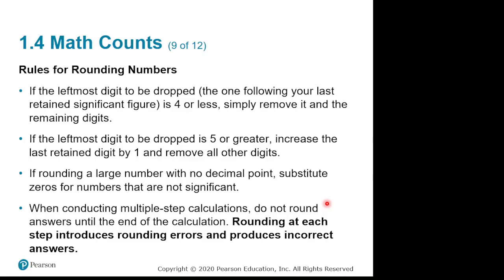When we do multiple step calculations, anytime you do multiple step calculations, you should always give yourself an extra 2 significant figures while you're doing the calculation, and then change the number of sig figs at the end. Okay?